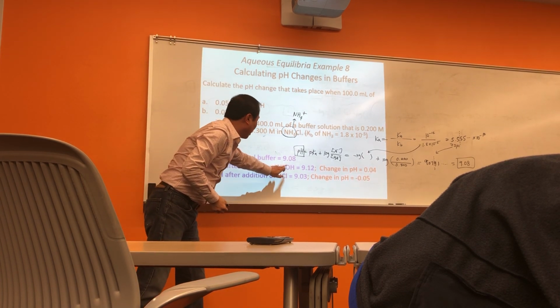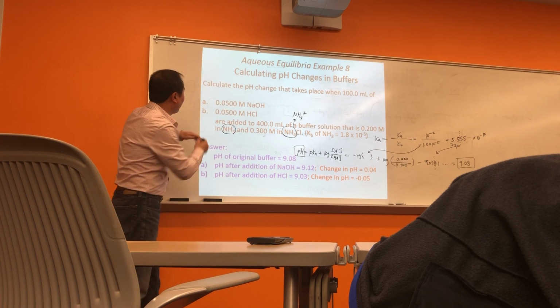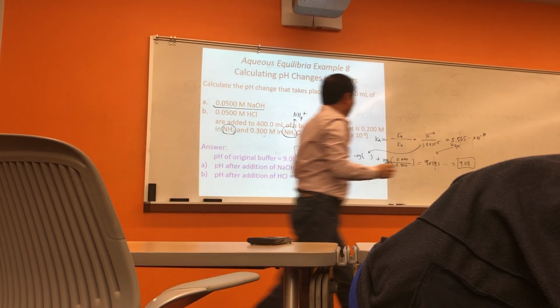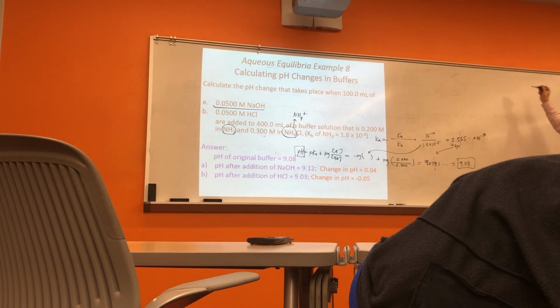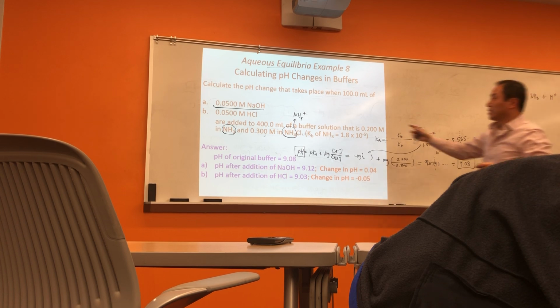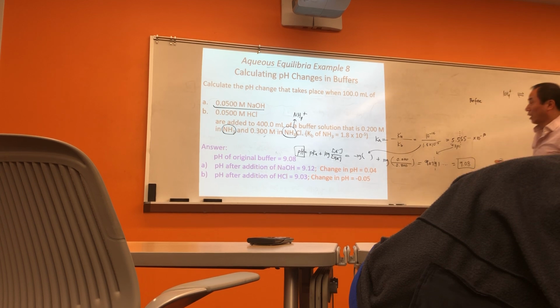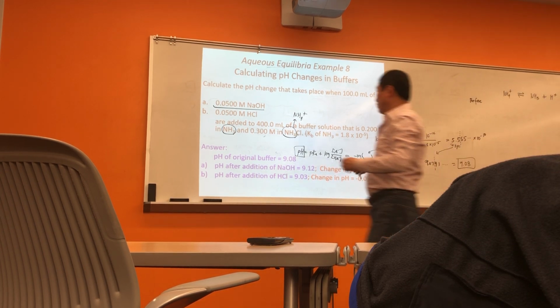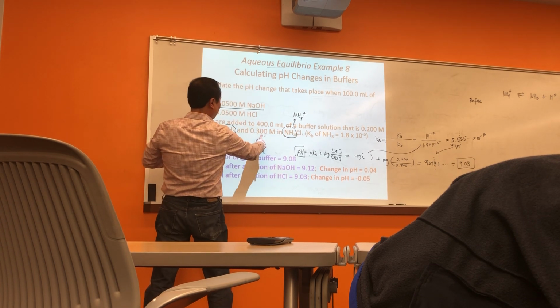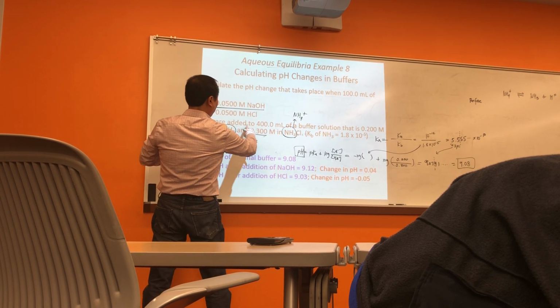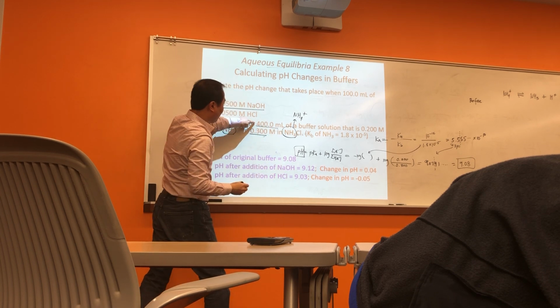So after adding hydroxide, that's the answer. We add hydroxide here. We can say ammonium has an equilibrium with ammonia. Before we add this, how much ammonium do we have? We have ammonium at that concentration, and the solution has that volume.